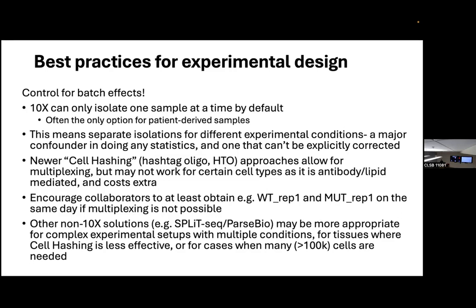Essentially, this allows you to multiplex cells in each inlet, which statistically speaking is more ideal. So if you had 6 patients, 3 from one group and 3 from another, you could hash those and run them all on the same inlet. That will minimize some of the potential batch effects compared to if you were to isolate them on separate days.